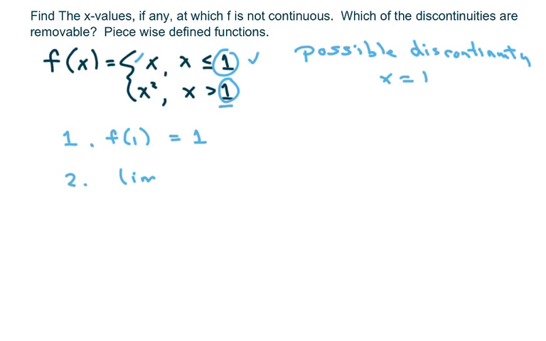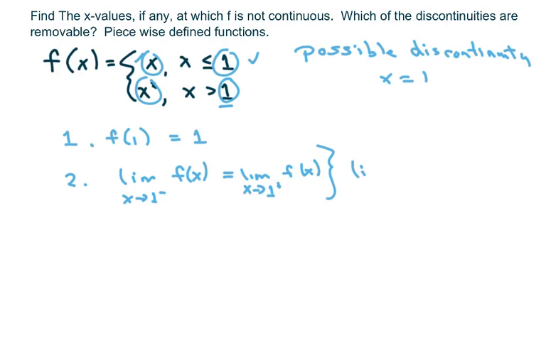Then we're going to take the limit as x approaches 1 from the left, that means less than 1, and see if it equals the limit as x approaches 1 from the right, that means the positive values. When you plug in 1 in both of these functions here, you get 1.